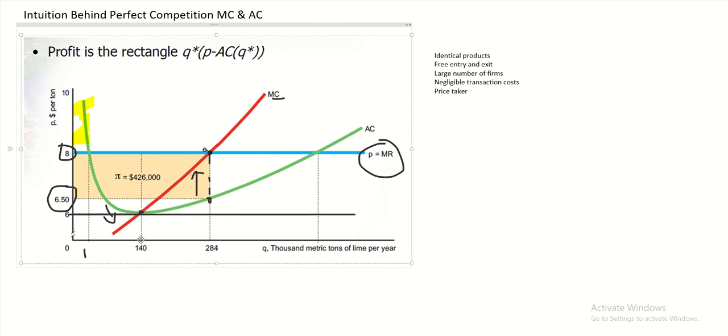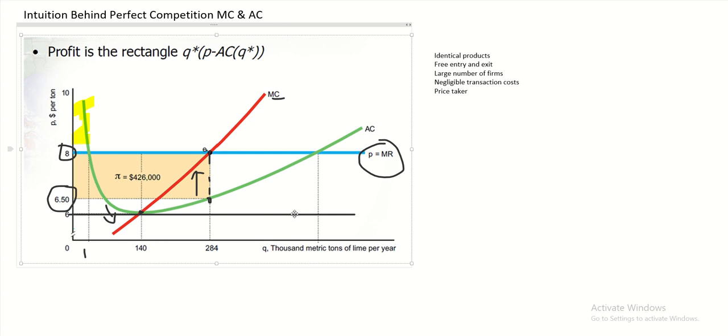But more importantly, it's where marginal revenue equals marginal cost, which is also tangent to the average cost curve. So notice here, because the average cost curve has the same y-intercept as the price, there is no economic profit earned by the firm. So that's the long-run equilibrium.